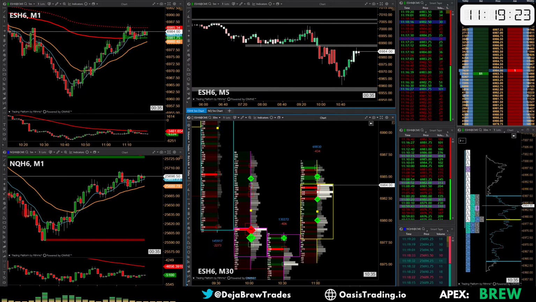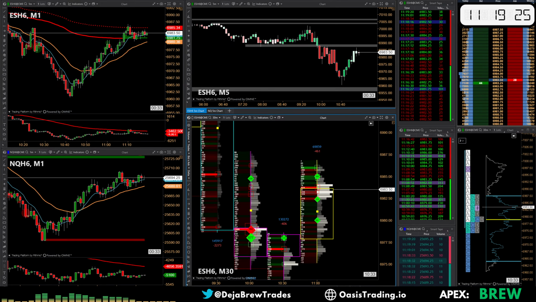Not really seeing the push away from VWAP that you would like to see here. They're really finding a lot of buyers around those EMAs.